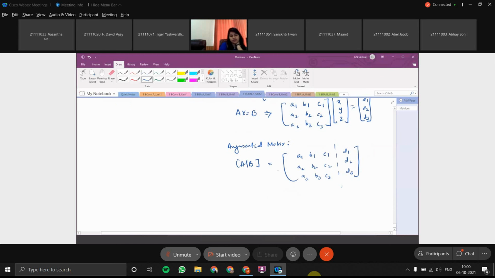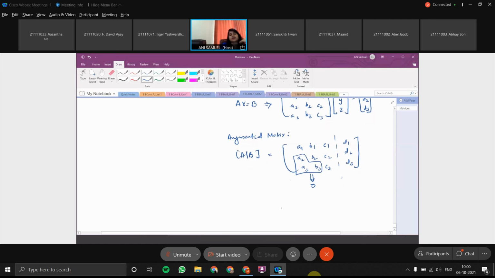You have to do the transformations so that it becomes an upper triangular matrix, that you have to perform transformations to make these values 0. Once you make these values 0, you rewrite the equation in the new form, right? So after a few transformations, you will be getting some A1 dash, B1 dash, C1 dash, D1 dash.